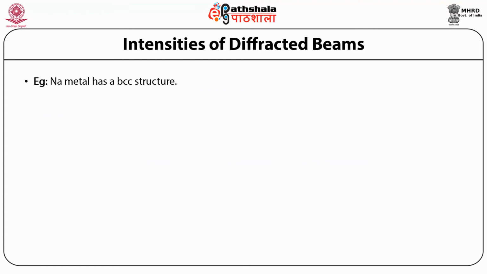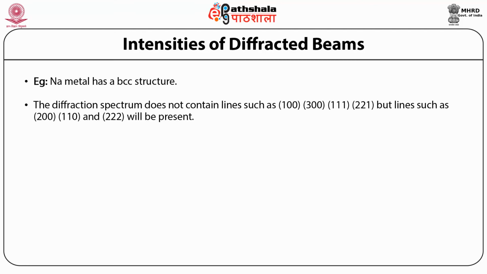Let's take an example of Na metal, which has a body-centered, or BCC, structure. The diffraction spectrum does not contain lines such as 100, 300, 111, 221, but it contains lines such as 200, 110 and 222.